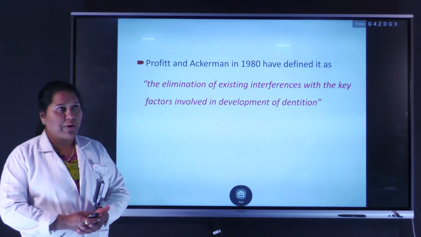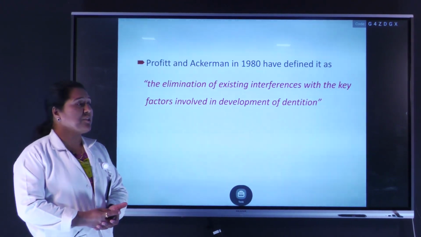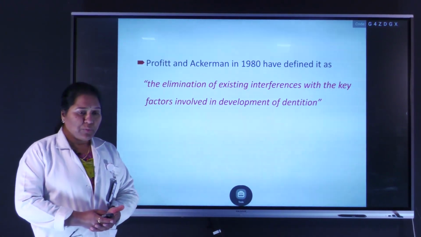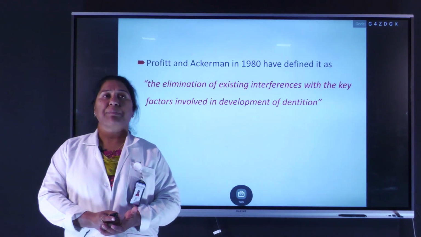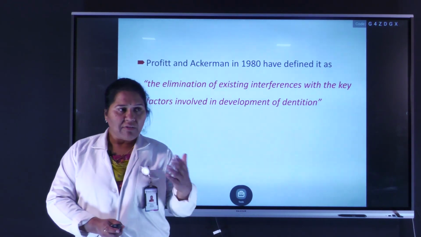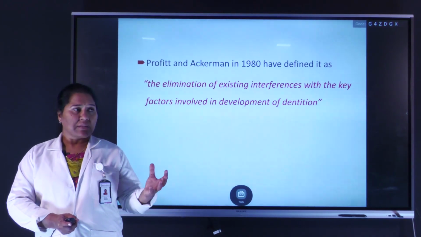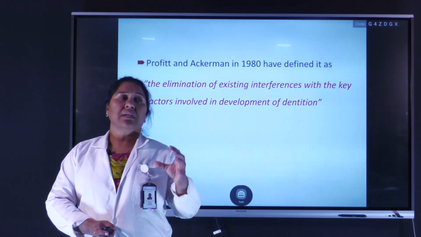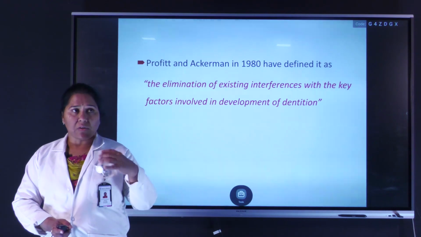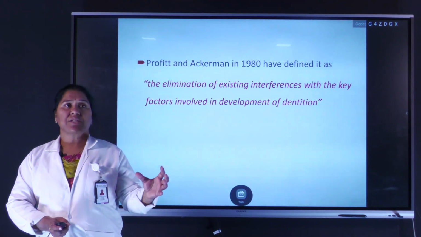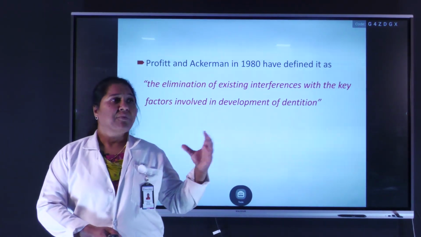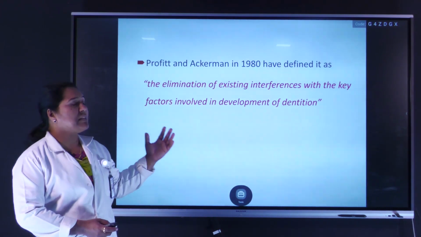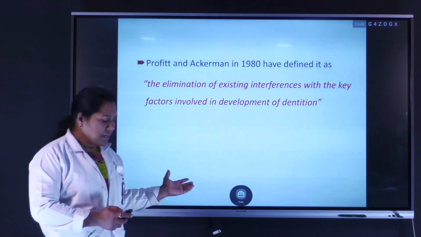So he is telling us about elimination of the irregularities which are key factors in the developing of occlusion. In the development of the occlusion, certain key factors are there. If those key factors are not in line or are causing any deviation, interceptive orthodontics is going to interfere with that.